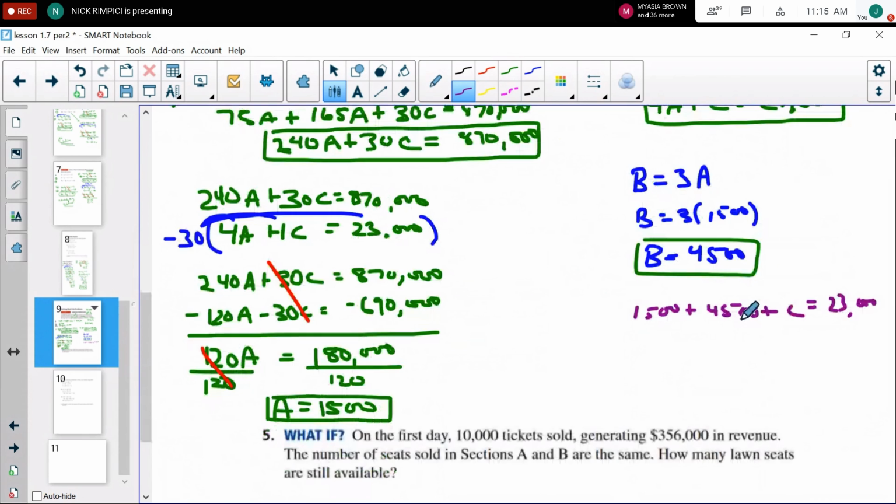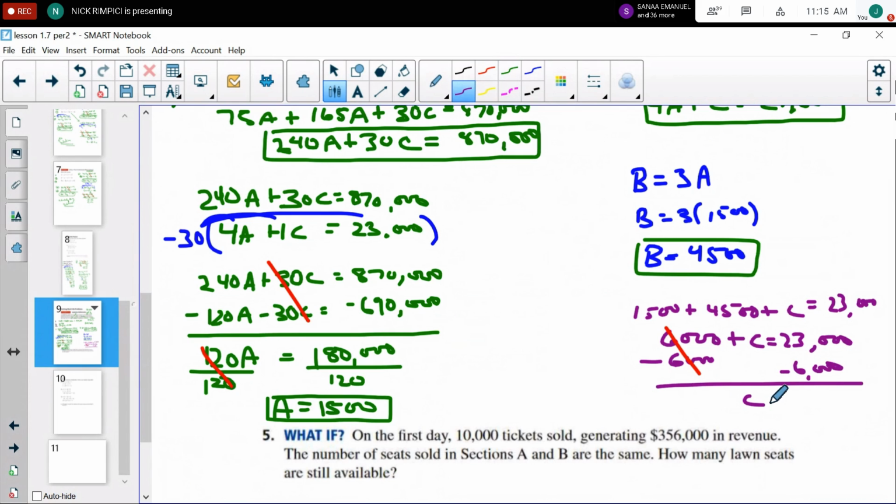If I add these together, that's 6,000. And then to get C all by itself, I could subtract 6,000 from each side. Those cancel. Subtract 6,000. And then C has to equal 23,000 minus 6,000. I believe that's 17,000.